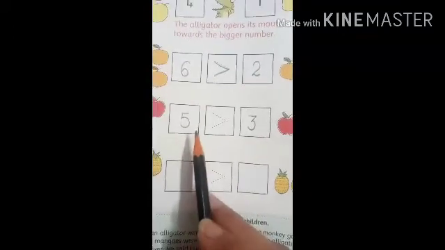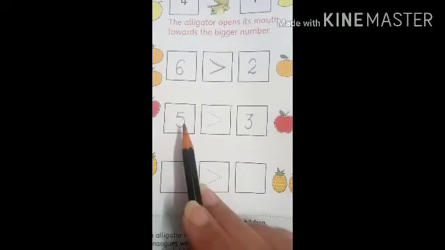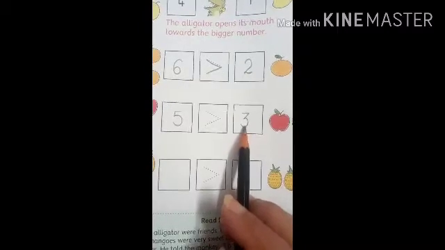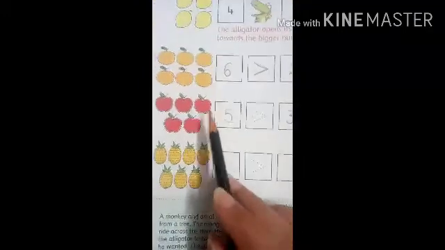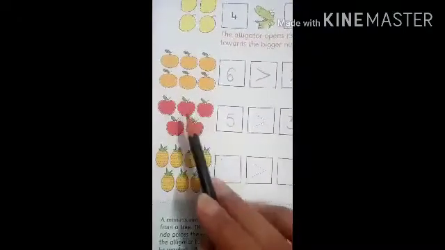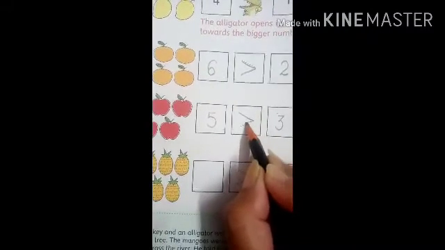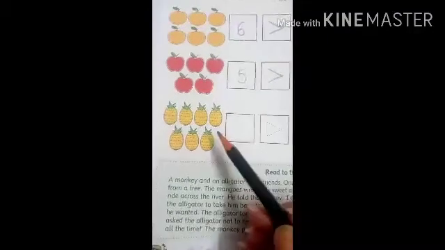Now can you tell me which number is bigger? This 5 is bigger or 3 is bigger? Obviously 5 is bigger because here are lots of apples and here are fewer apples. 5 is bigger. So the crocodile opens his mouth on the bigger side.